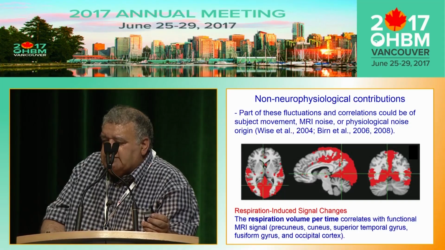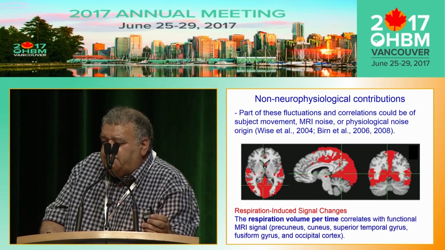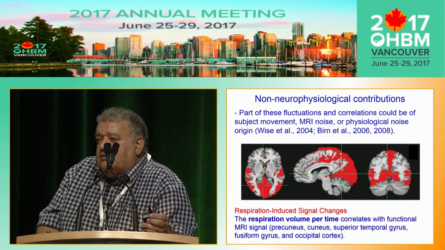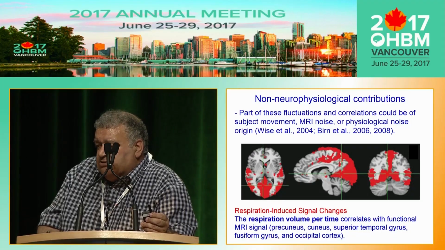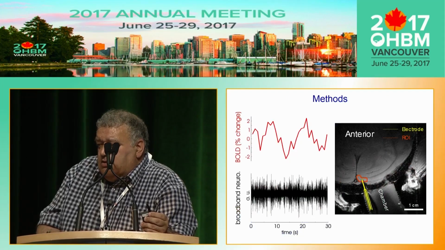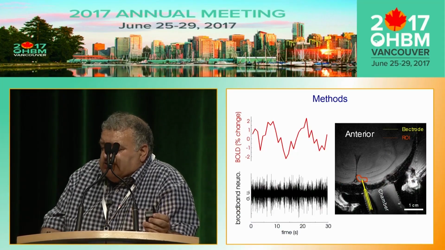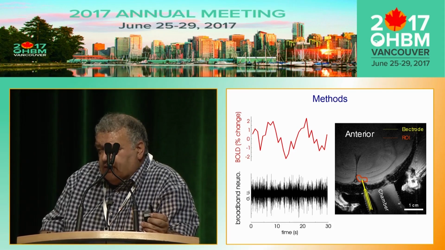In this case, we see that the respiration volume per time correlates with functional MRI signal and creates a map that can be interpreted as a network during resting state. So we need to be careful about that. In a study that I conducted with David Leopold, we measured simultaneously functional MRI in monkey V1 together with neurophysiological recording.